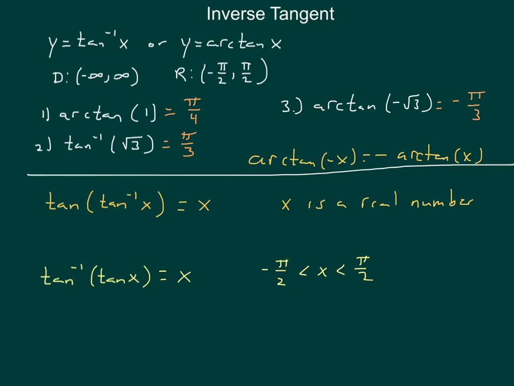So like the inverse sine and inverse cosine, when you do the composition, when it's an inverse tangent of a tangent, the value of x has to be from -pi/2 to pi/2. If it's not, you're going to have to make that adjustment and identify the angle within this range that has the same tangent value.